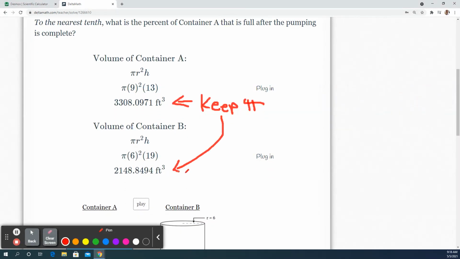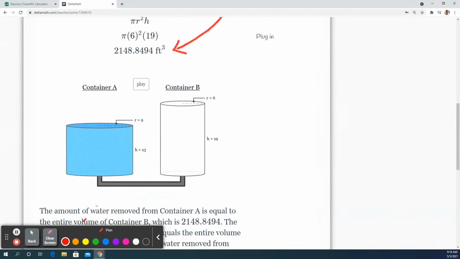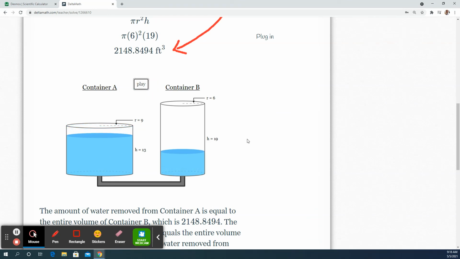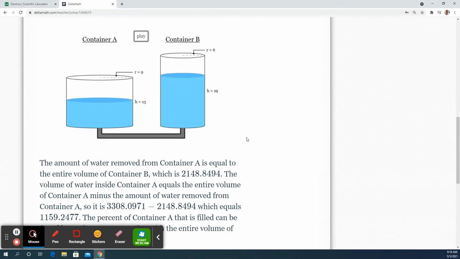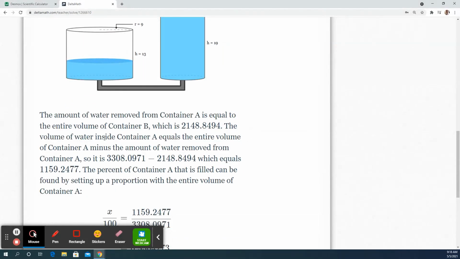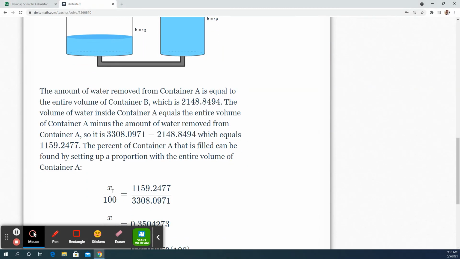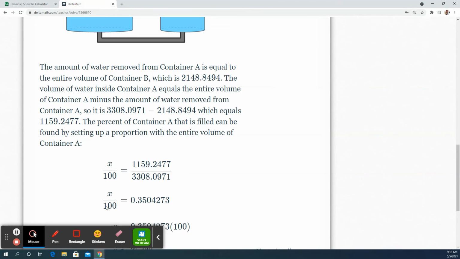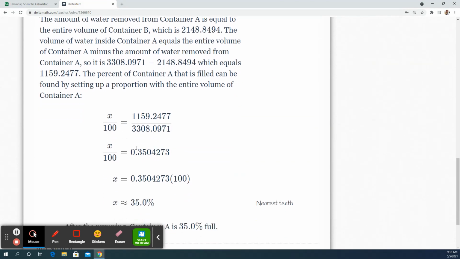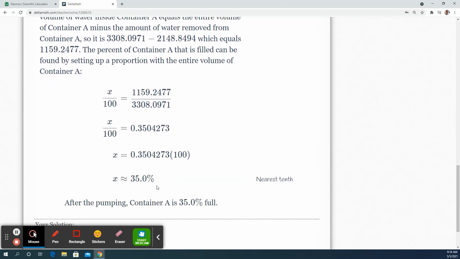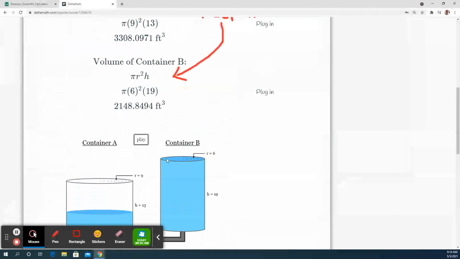Keep pi in here, not what they're doing. Let's see if this video will work. There we go, and that's what's happening here. And then there's the logic that they're using. They have it as a divide by 100. For me, I just multiply it by 100 at the end and keep it as a percent. Good.